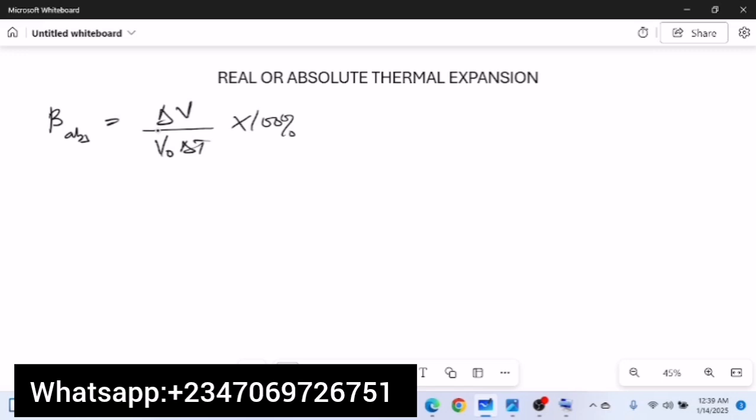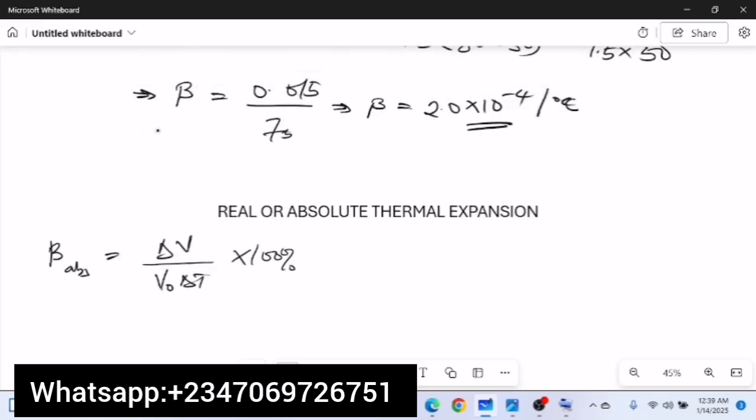So all you need to do is, whenever a question is given and you obtain the value of the thermal expansion, you can easily multiply that value by 100 and express it as a percentage. For instance, in the previous example which we just solved, we obtained 2 by 10 to the power of negative 4 as the value of the coefficient of thermal expansion. So in terms of real or absolute thermal expansion, for that given value, beta absolute simply becomes 2.0 by 10 to the power of negative 4.